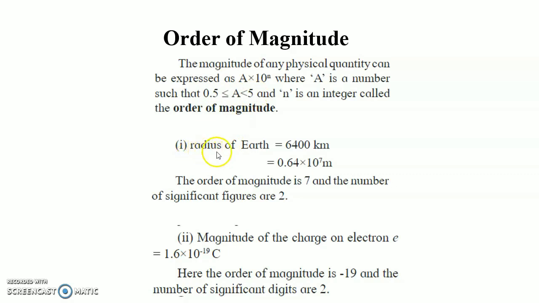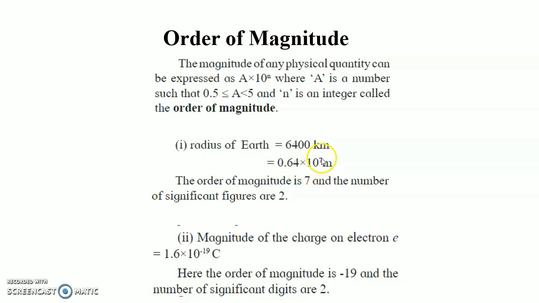So over here we have seen the radius of the earth. We have to convert this number in this form such that first A should be in the range of 0.5 up to 5. So firstly we will be converting this kilometer to meter and then changing the number in such a way that the number which we are writing is in between 0.5 and 5. 0.64 will lie in between these two numbers, multiplied by 10 raised to 7.